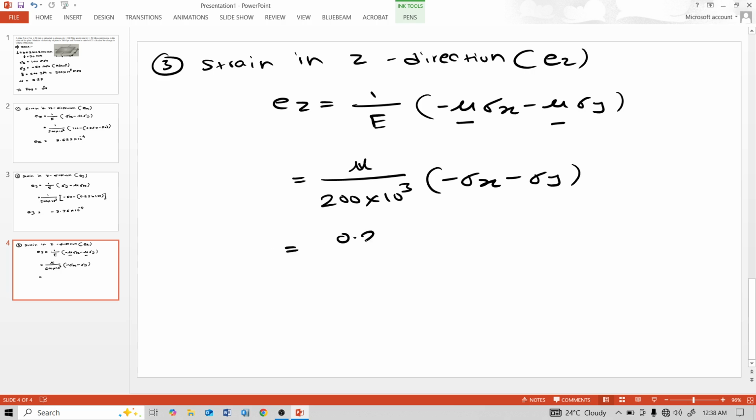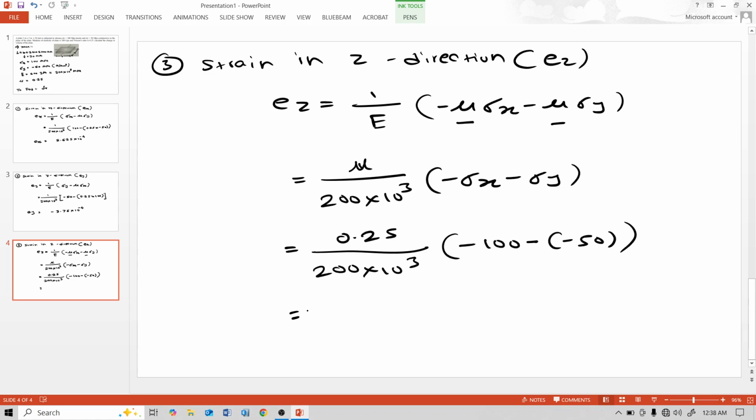Mu is 0.25 upon 200 into 10 raised to 3, tensile stress in x direction is 100 and stress in y direction is minus 50. Minus 100 plus 50 into 0.25 upon 200 into 10 raised to 3 gives minus 6.25 into 10 raised to minus 5.